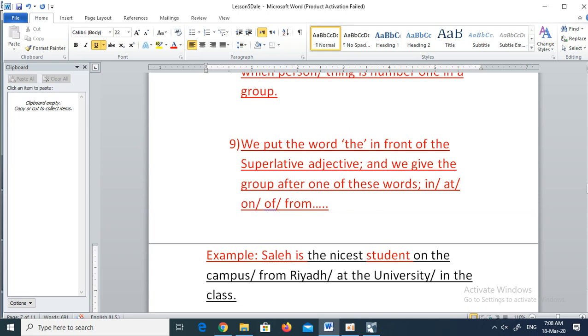So we say Sally is the nicest student. But now we don't know where Sally is the nicest student. So we can give the group where she is the nicest student. So we can say she is the nicest student on the campus. That means of all the students on the campus, Sally is the number one nice student.